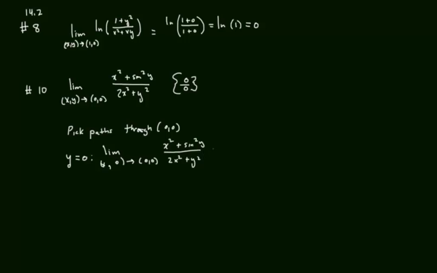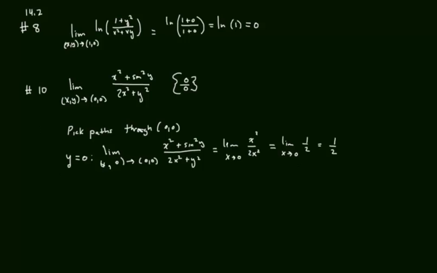And that's going to equal the limit as x goes to 0, substituting y in, so I have y as 0, x squared over 2x squared, which equals the limit as x goes to 0 of 1/2. Now, limit of a constant is a constant. So as we approach along the x-axis towards the origin, the function is approaching 1/2.